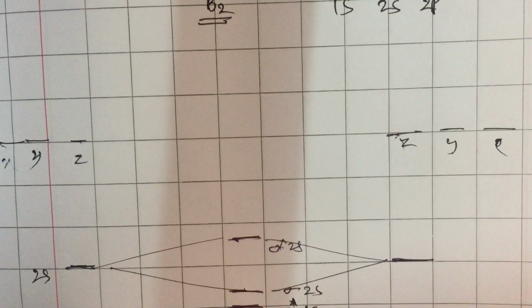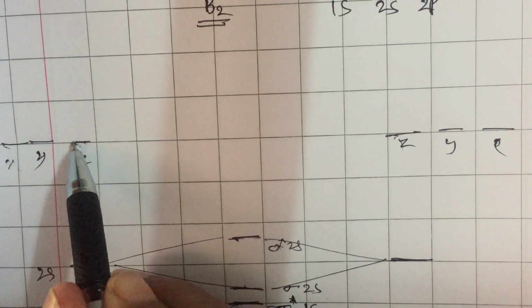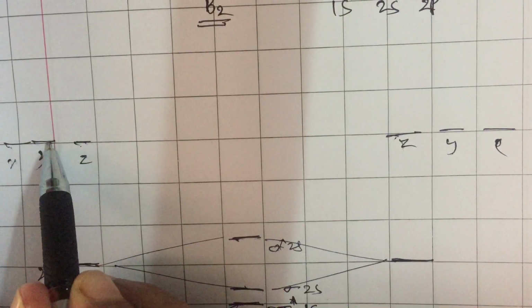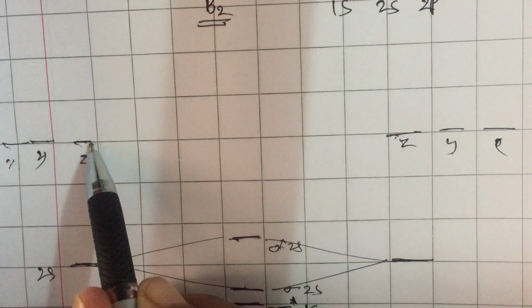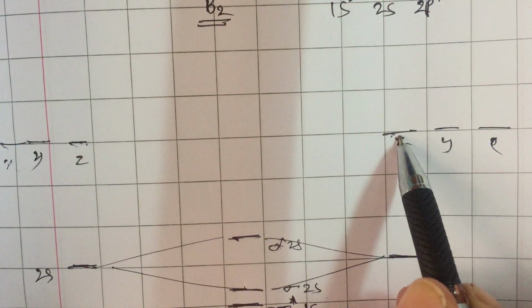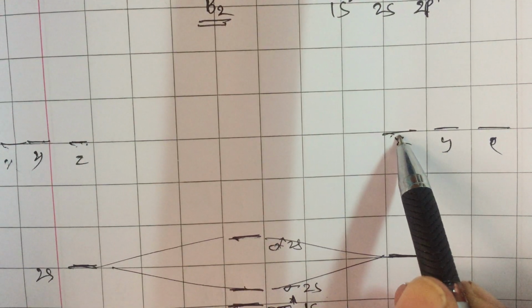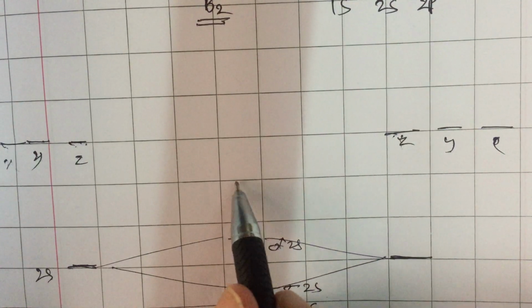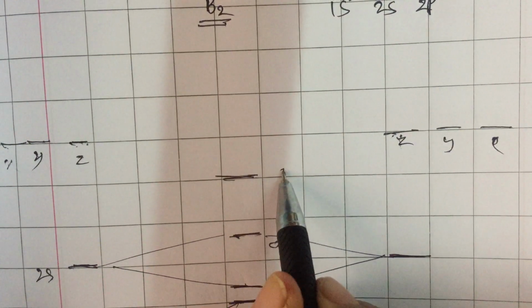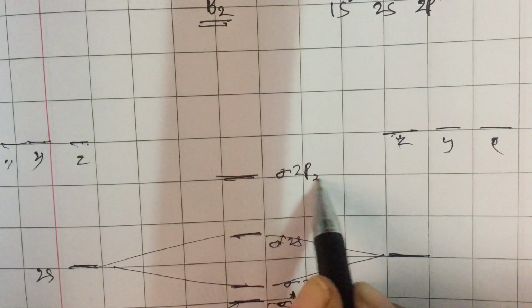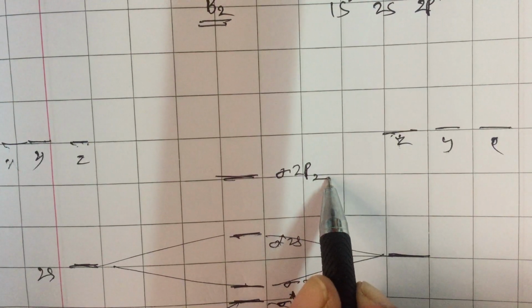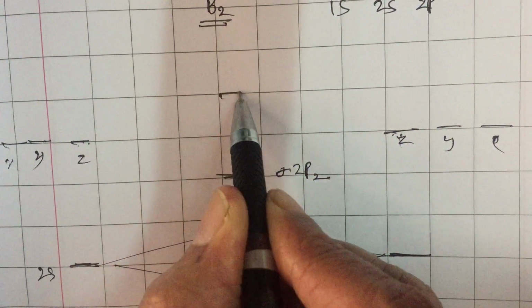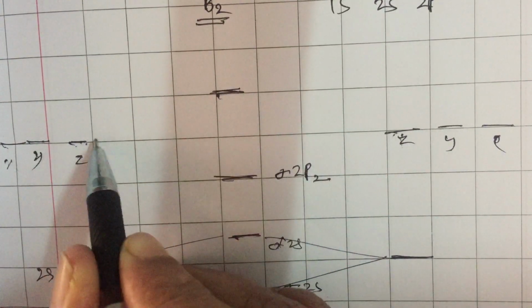And now, when the p orbitals are there, there are 3-fold degenerate p orbitals. The pz and pz, for example, can have axial linear combination that leads to the formation of the sigma 2pz molecular orbital and the high energy sigma star 2pz orbital.